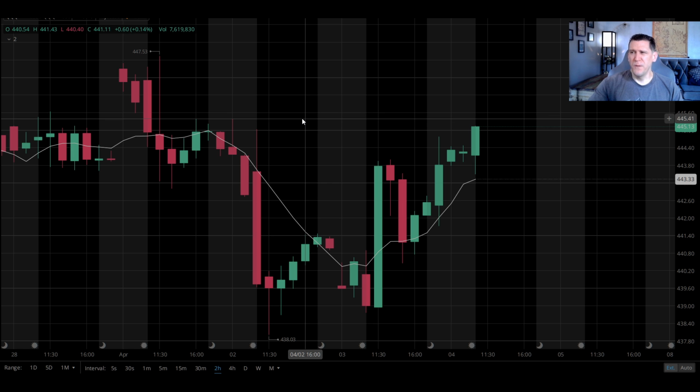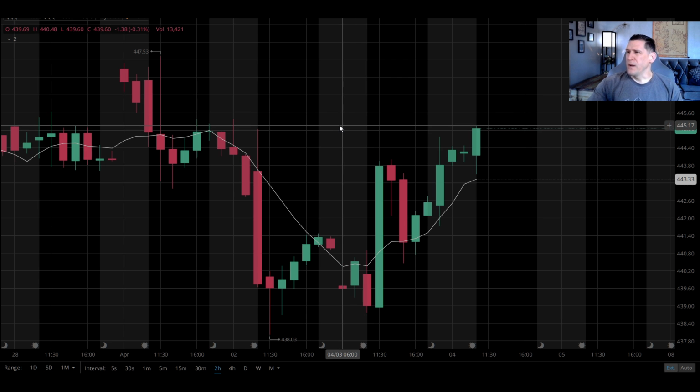It works very similarly to supply and demand zones, but not quite in the same way. The reason is that this is just a much more simple way to identify areas of interest in a chart, really. So let's get right into it.